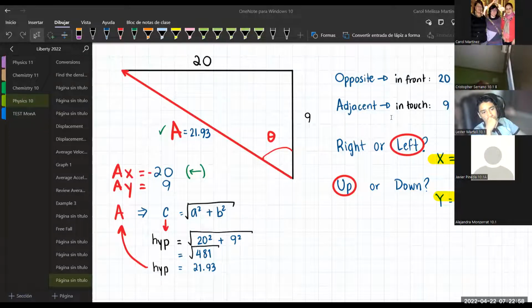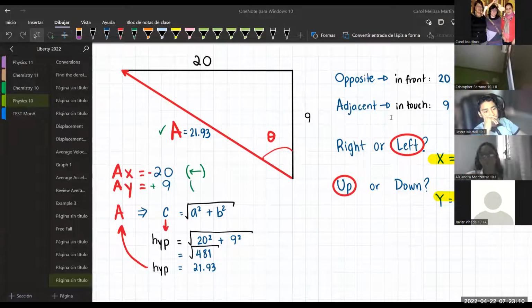So in x we have negative 20 because it goes to the left, so it's negative. In y we have positive 9 because it's going upward. This kind of analysis is the analysis that we need to be doing whenever we see a vector.